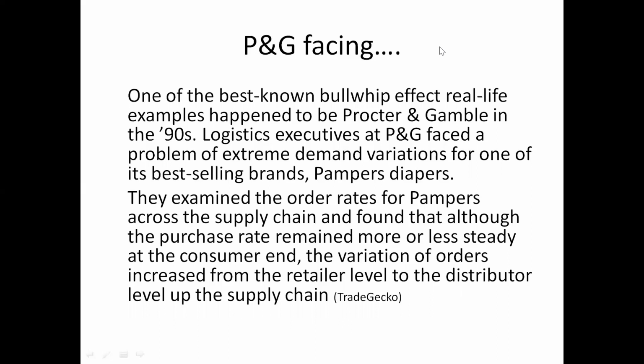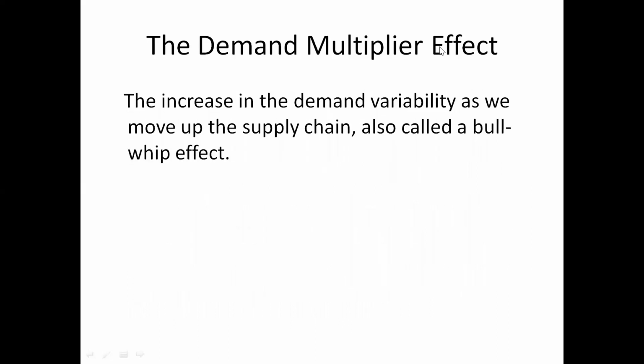That is, as we move up the upstream market, that variation keeps increasing. So here is what we call the demand multiplier effect, which means the increase in demand variability as we move up the supply chain.